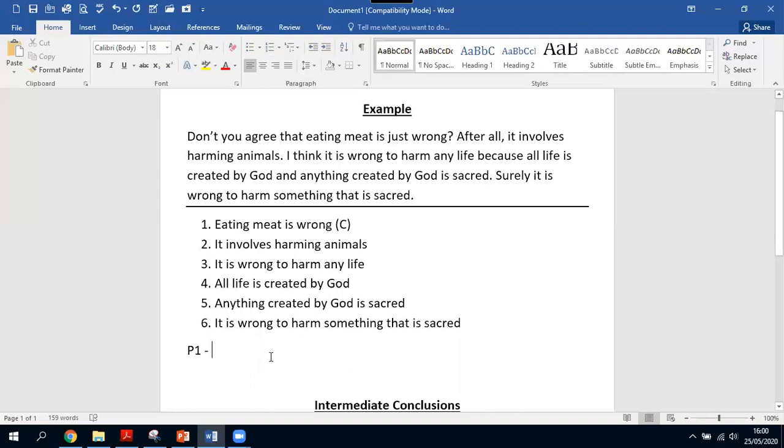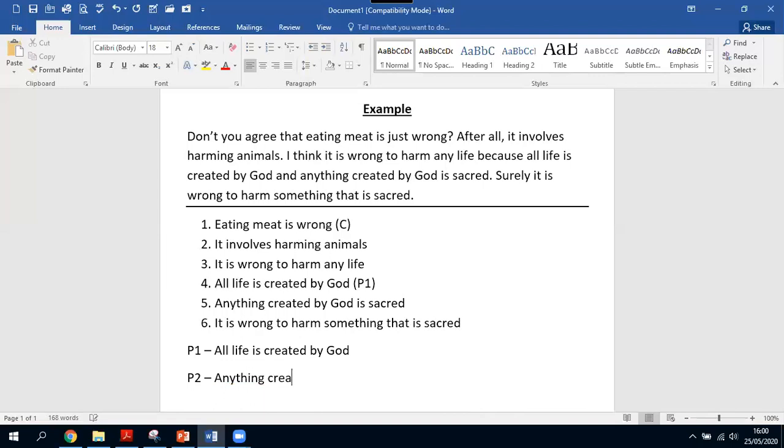So, premise 1, all life is created by God. Premise 2, anything created by God is sacred. So that's premise 2.